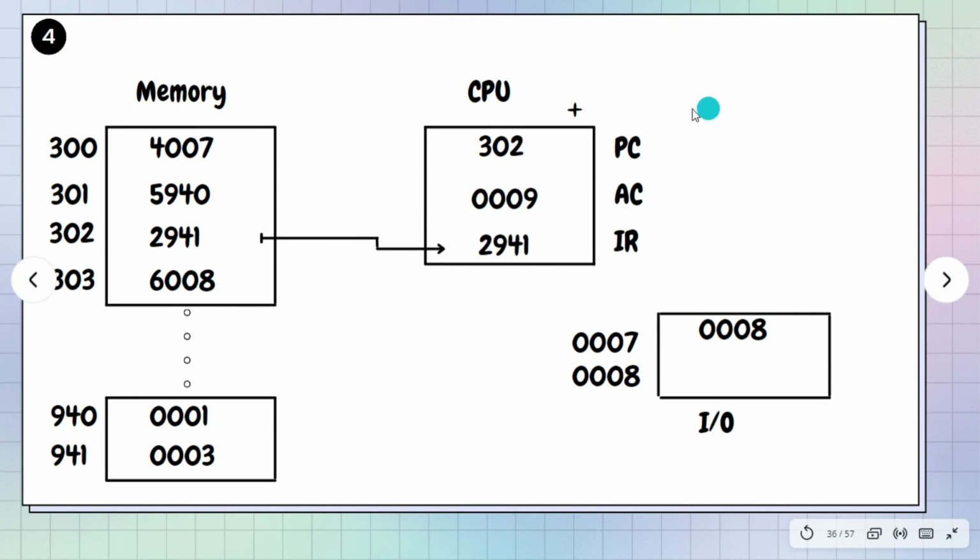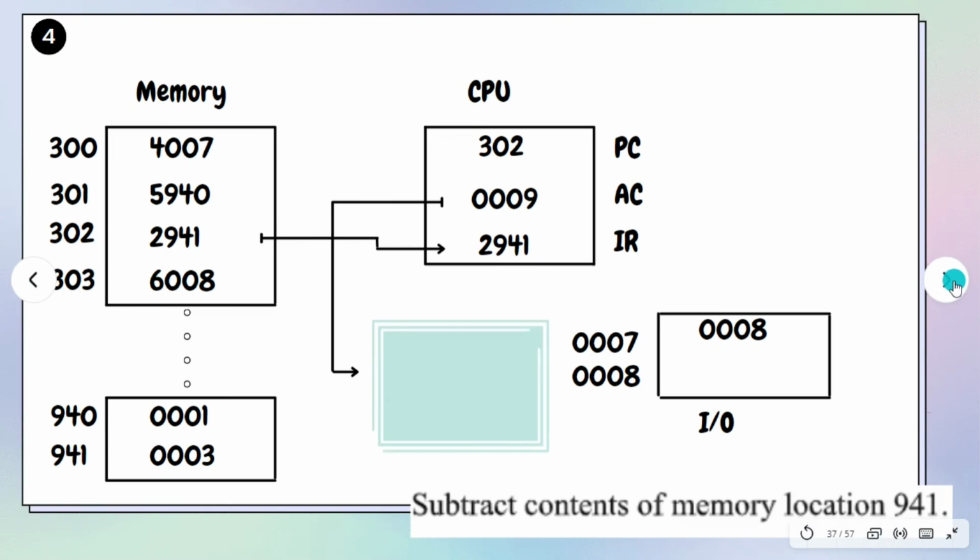The next step, we will repeat the same process of adding one to the PC. So we'll take the value of memory location 302 and store it in the IR. After that, it says subtract contents of memory location 941. So where is memory location 941?